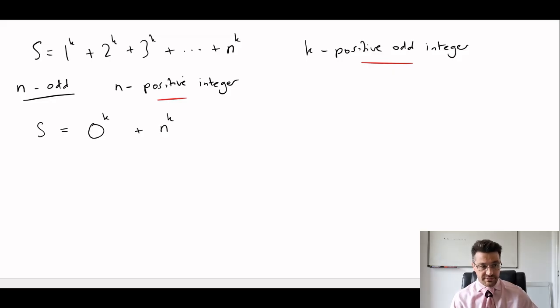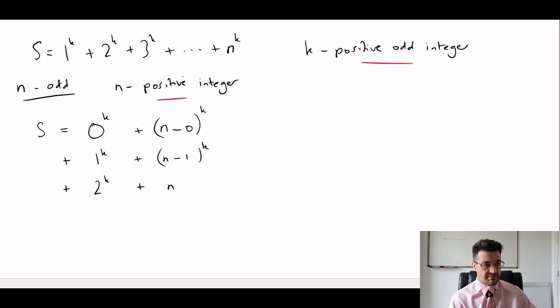Or more specifically, n minus 0 to the power of k plus 1 to the power of k plus n minus 1 to the power of k plus 2 to the power of k plus n minus 2 to the power of k, and so on and so forth.